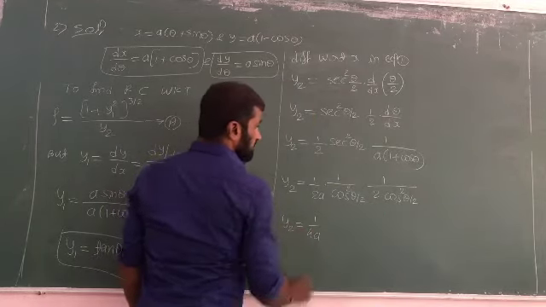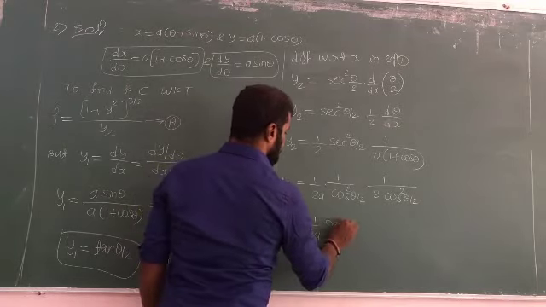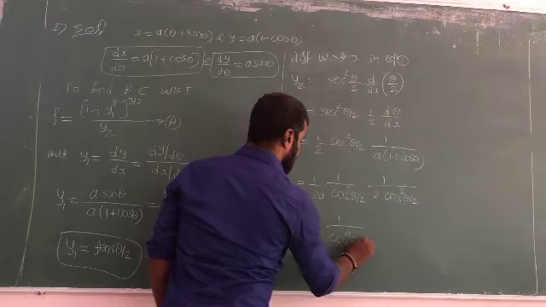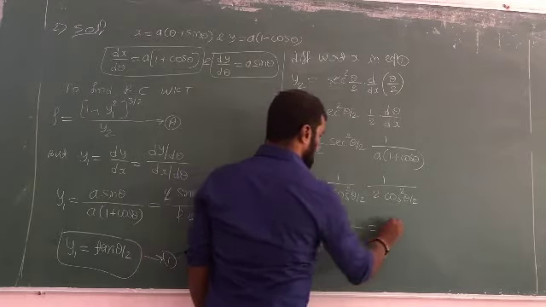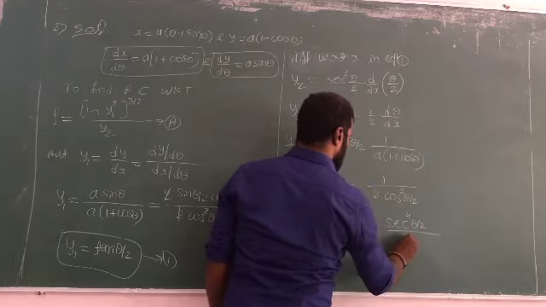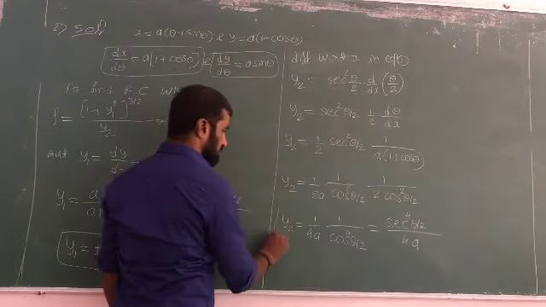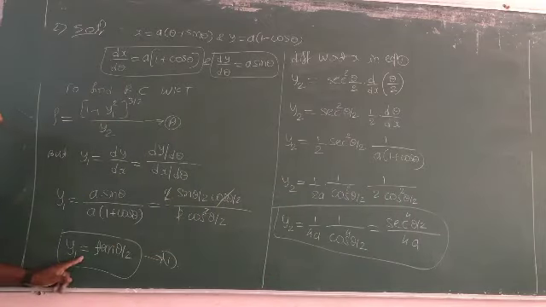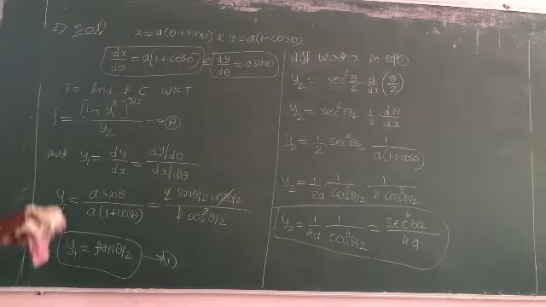So it is 1 by cos raised to 4 theta by 2, or you can write secant raised to 4 theta by 2 divided by 4a. So we have the y2 value and the y1 value. Putting these values in equation 1 and simplifying, we get the radius of curvature.